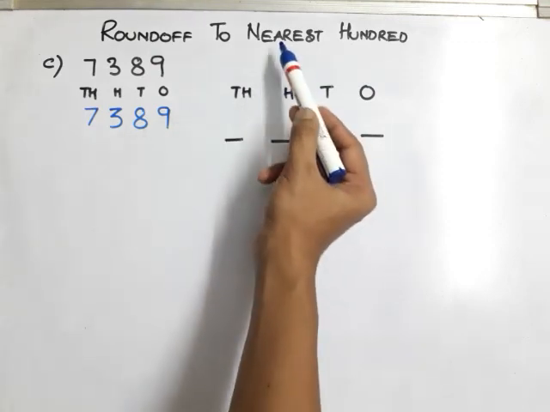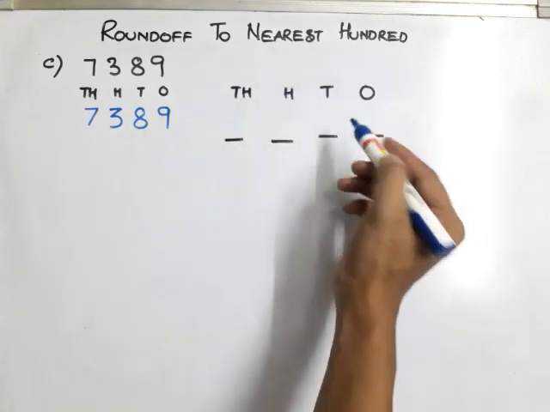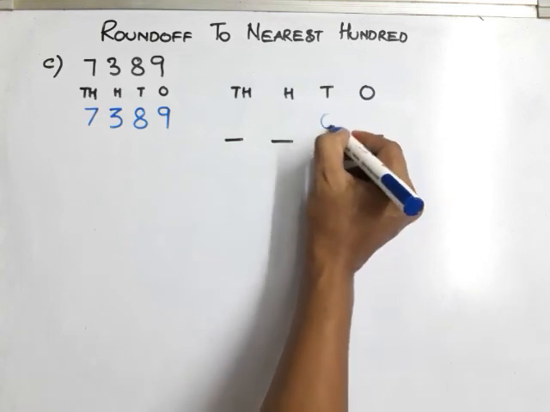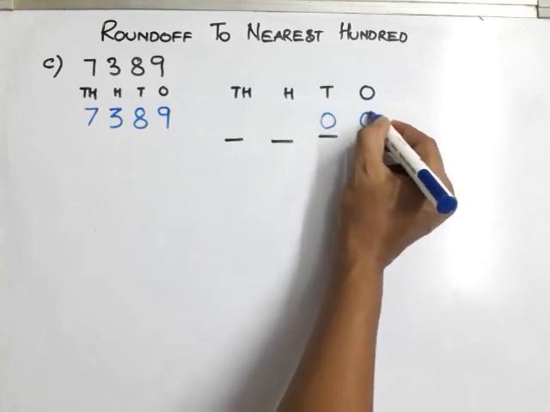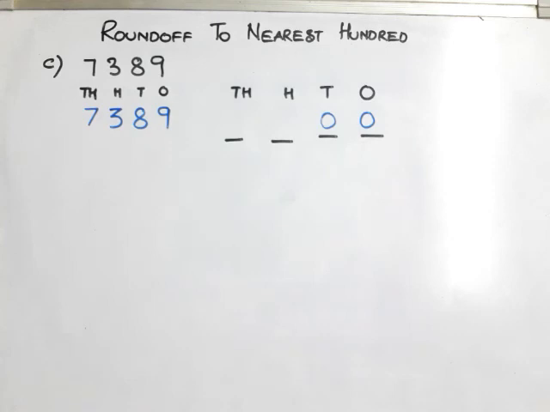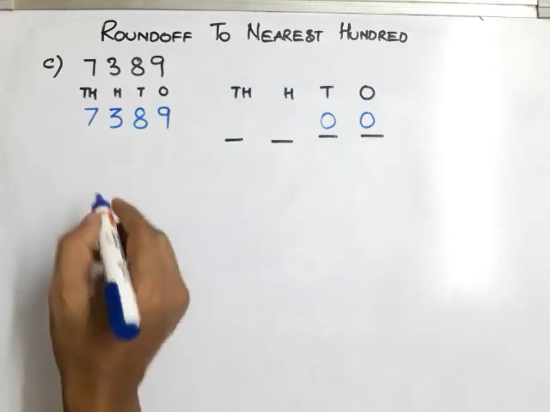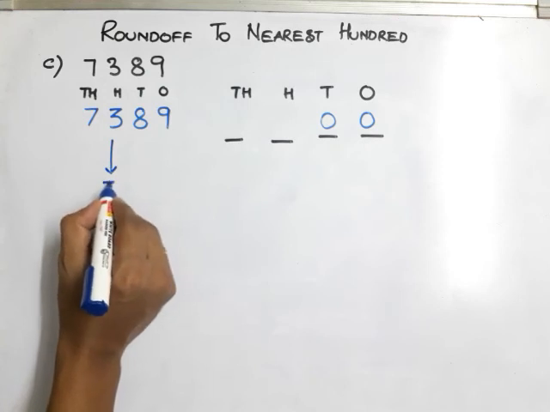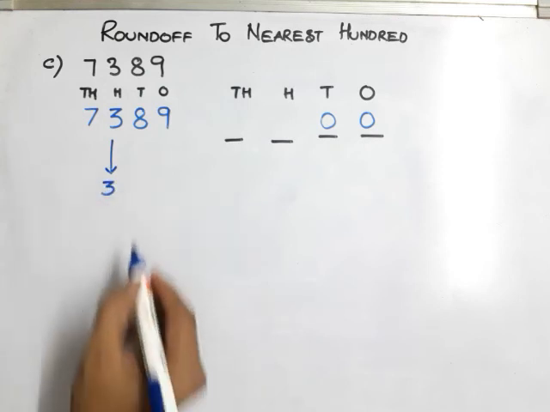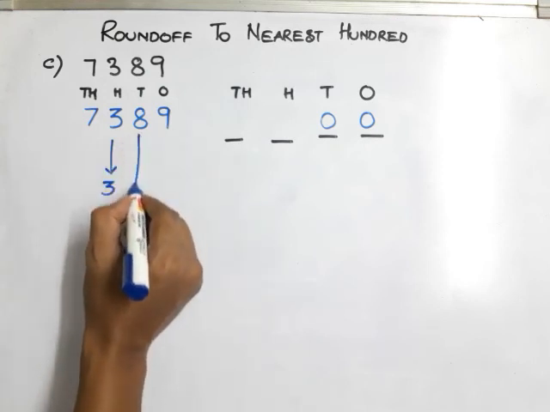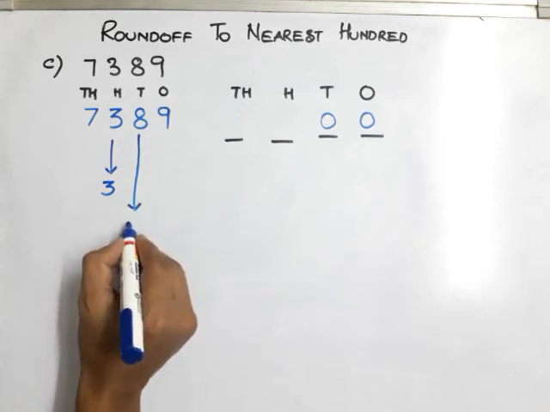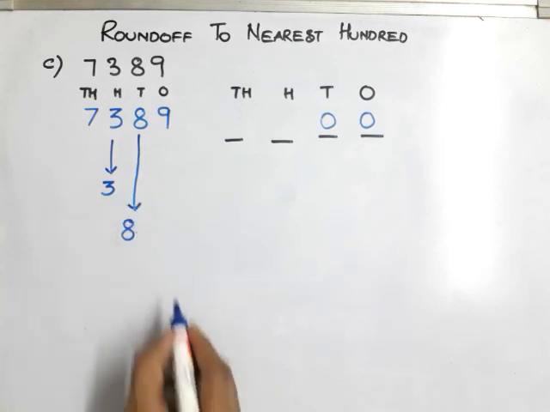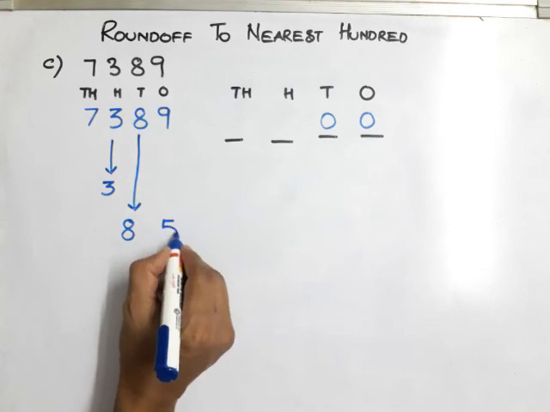As discussed, when we round off to nearest 100, the digits in tens place and ones place will be replaced by 0. Now we have to round off the digit in hundreds place, that is 3. In order to do that, we will take the digit in tens place, which is 8, and compare it with 5.